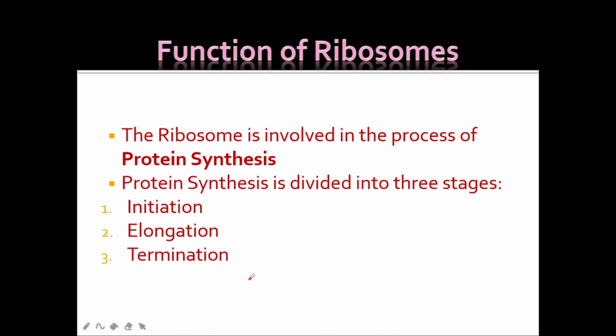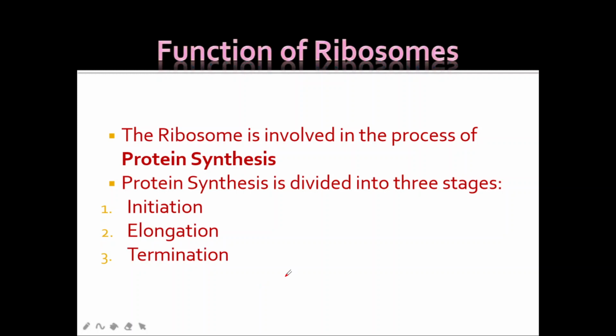This is the basic ultrastructure of ribosomes, and the most important function performed by the ribosome is protein synthesis. So I have shown you here the ultrastructure of ribosomes, types of subunits, types of ribosomes, and how protein synthesis takes place. How many sites are present for protein synthesis?